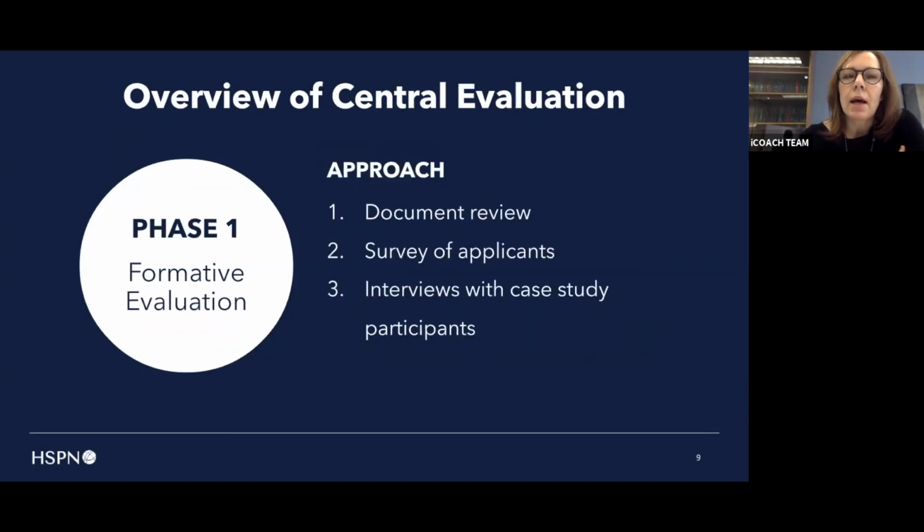This formative evaluation requires us to use three sources of data. First is document reviews, which right now will be the full applications. Then we will conduct a survey of the applicants, and we've selected some OHTs that will be invited to participate in interviews for our case studies. Next slide.